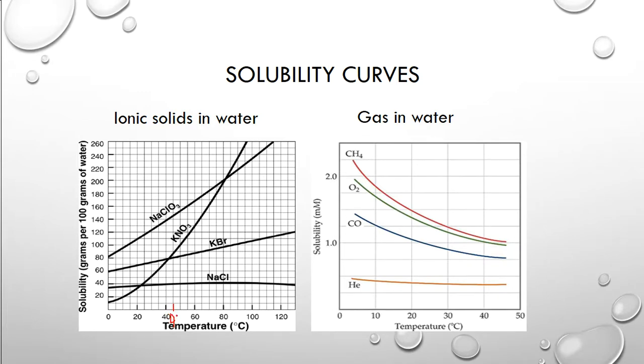All right. So we're going to go up to, I believe it was potassium nitrate. So we follow this line up to potassium nitrate right here. The question was how many grams would go in? So that means we're up here at about 90, right? Would you agree that we're going to end up here? So this dot here is at 90 grams per 100 grams of water.